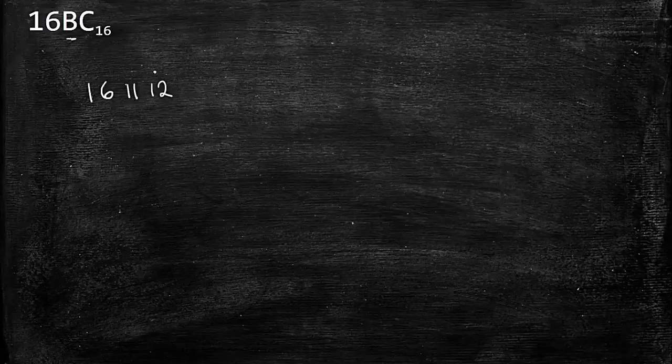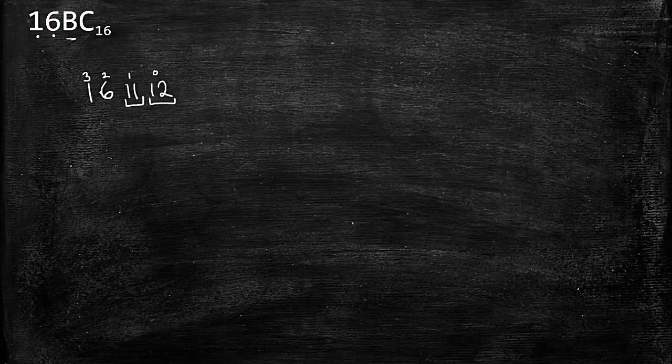Now, for the positions, we have 0, 1, 2, and then 3. I hope you understand: the numbers stay the way they are, 1 and 6, but the letters are separate, 11 for B and 12 for C. So on 12 we have position 0, on 11 we have 1, on 6 we have 2, and on 1 we have 3.